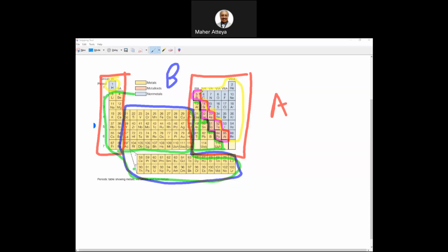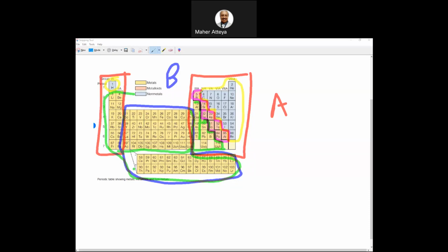So metalloids flip back and forth between metal character and non-metal character, depending on what condition you are using on them. They can act as either metal or non-metal, right?